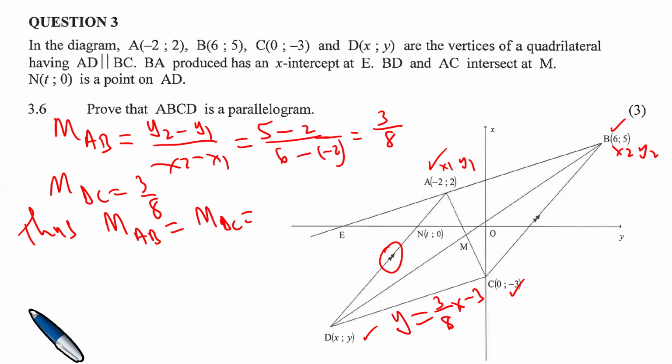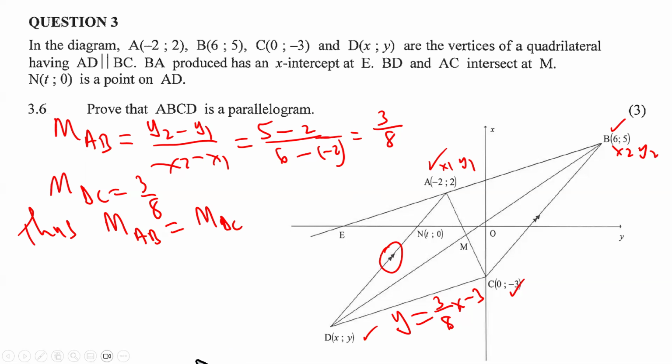Now I want to mention a couple of things. The gradient of AB is 3 out of 8. Why is the gradient of AB 3 out of 8? We calculated that one, because we know the coordinates of A and the coordinates of B, and therefore we found the gradient. With DC, the gradient was known because the examiner gave us the equation of the line DC. Pay attention.